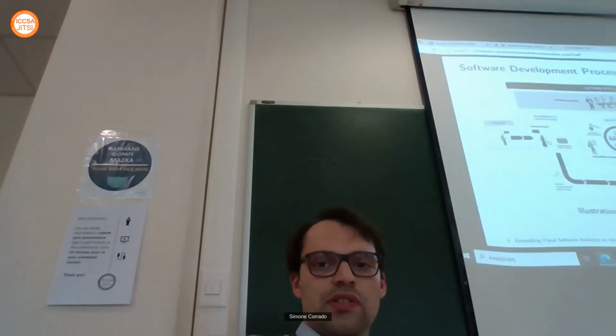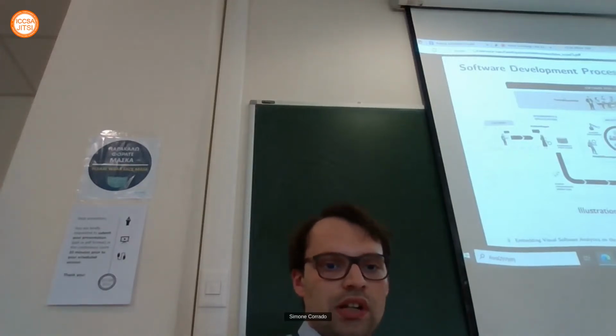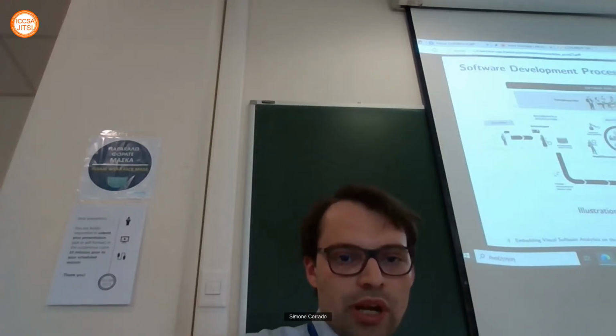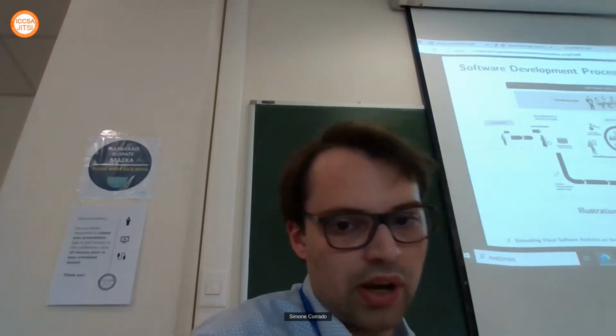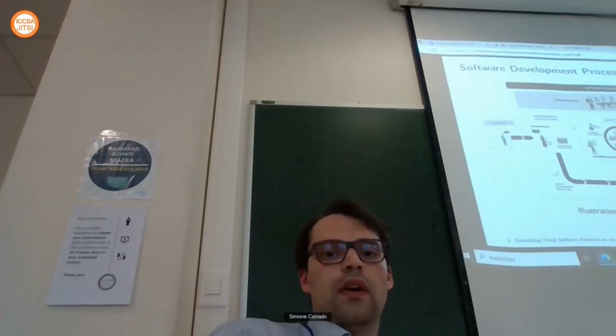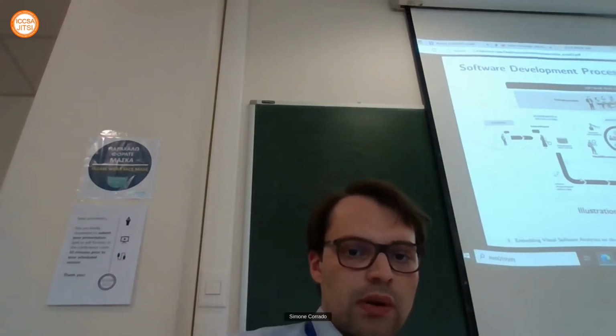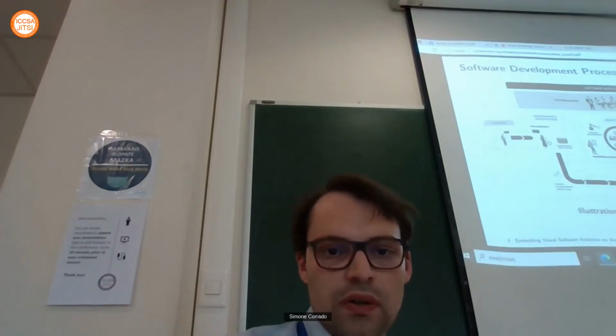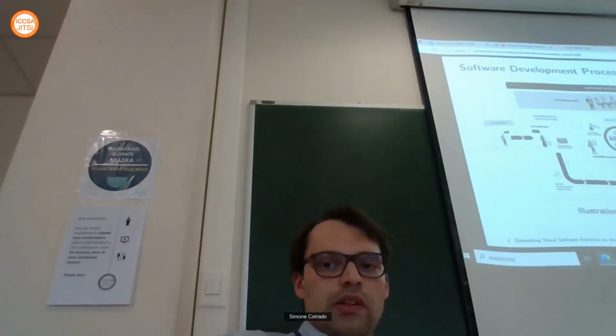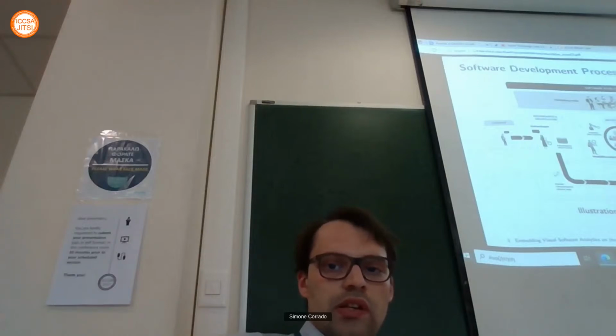Here on this figure, you see a typical software development cycle, starting from a customer who explains his problem, and then a domain expert who specifies requirements, which result in tickets that describe certain features or tasks in general, that are then implemented and tested and evaluated.